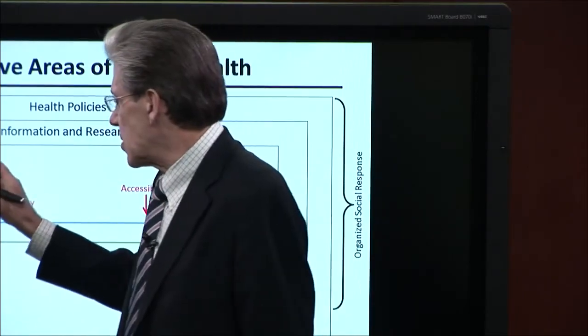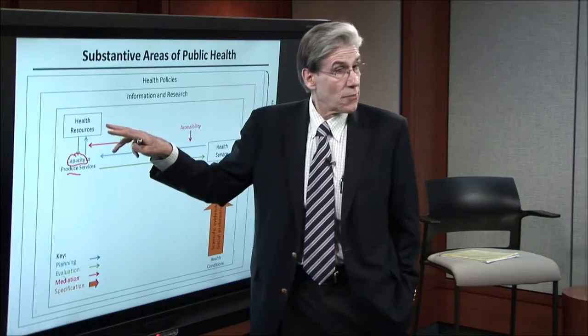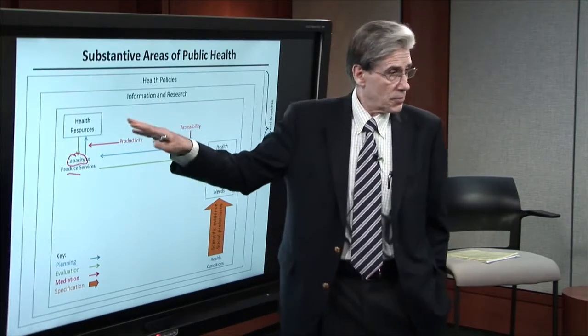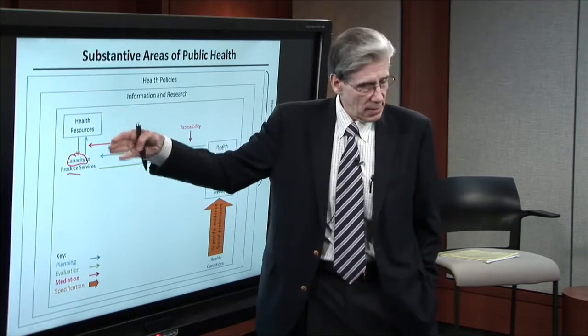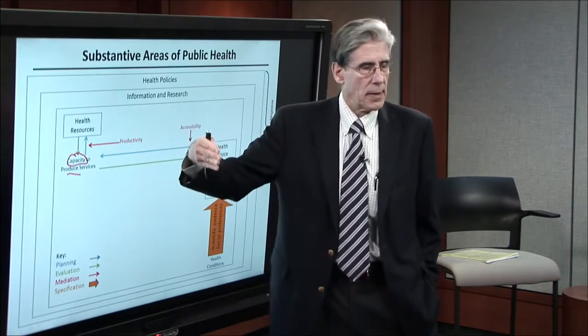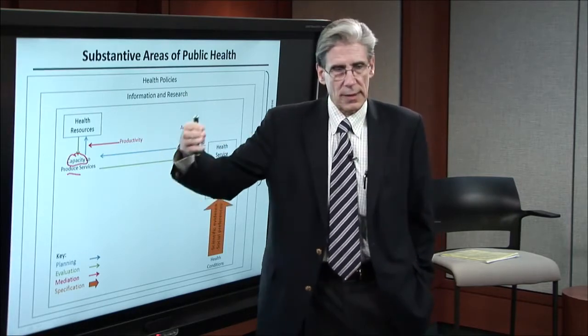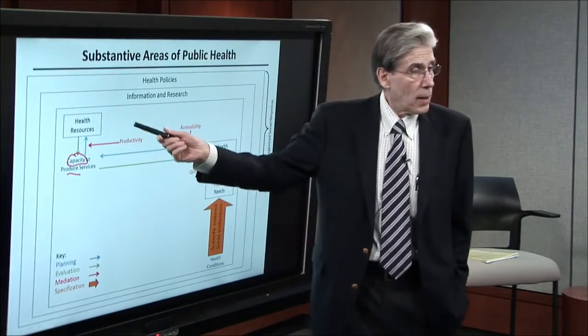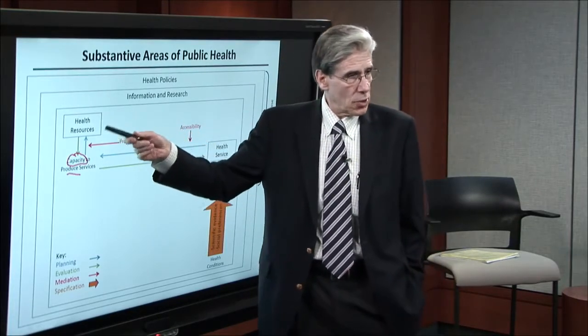By the way, let me just say, health resources, of course, the most important of the health resources is the human resources, but there are also other types of resources, specifically, equipment, drugs, and so forth. And when it comes to the most important, we can study what factors determine the productivity.